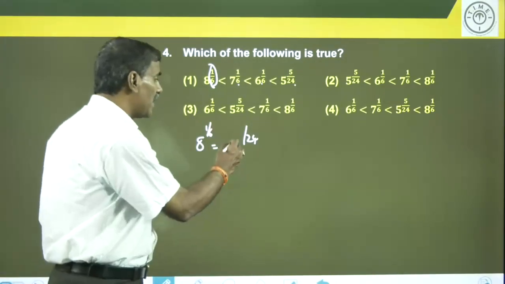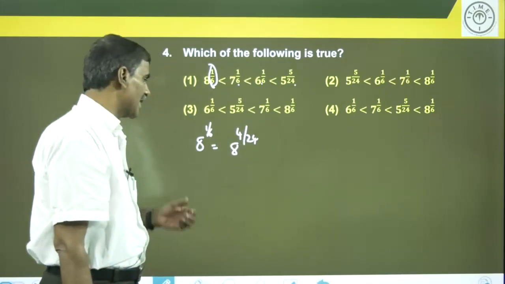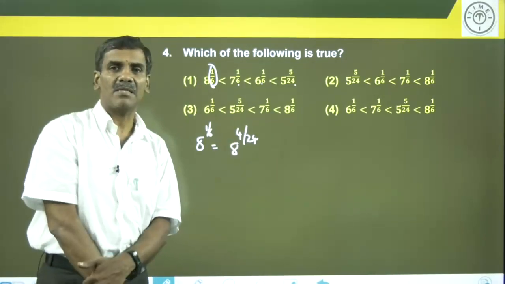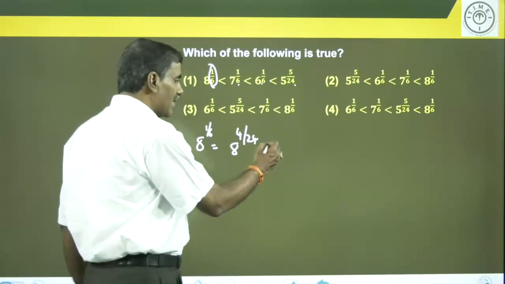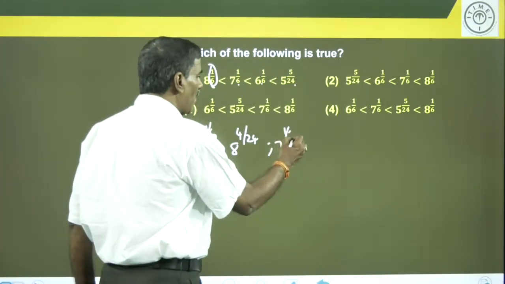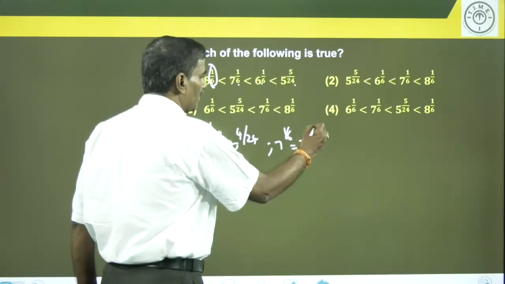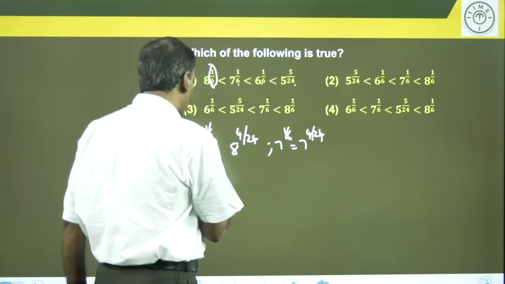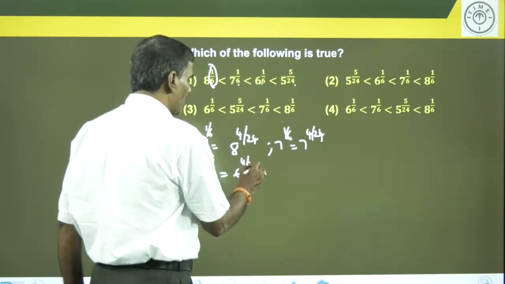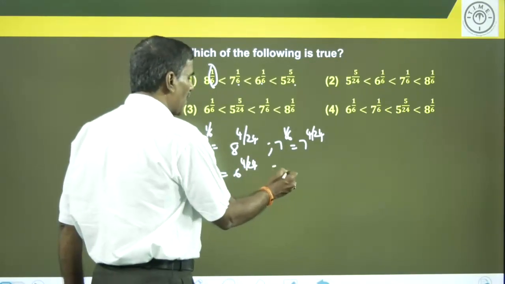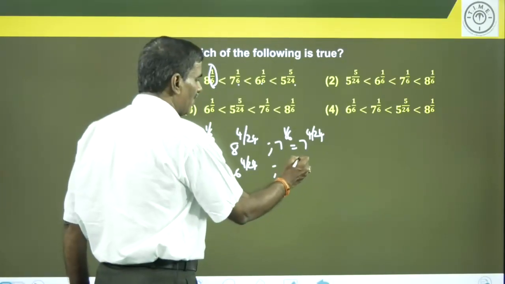So that becomes 8 power 4 by 24. Similarly, 7 power 1 by 6 is the same as 7 power 4 by 24. 6 power 1 by 6 will become 6 power 4 by 24, right? Anyway, the last one is 5 power 5 by 24.